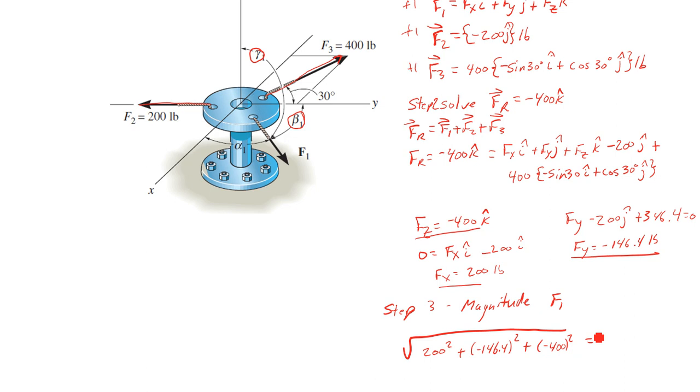And I square all of those, square root. I get 470.6 pounds. That's the magnitude of F1. So no vector symbol there.